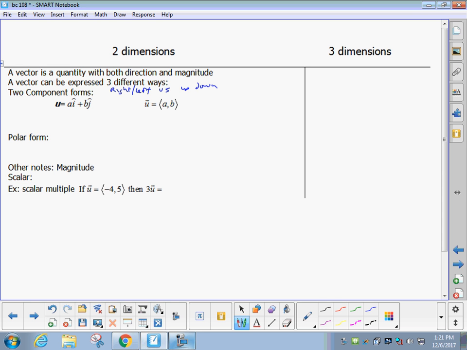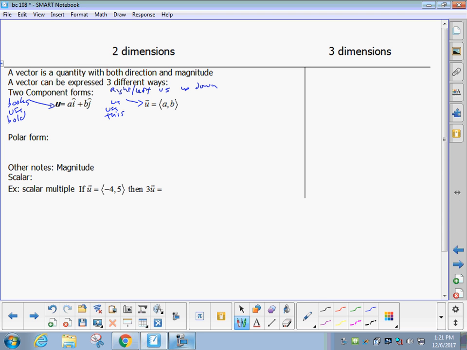Same with here. In terms of notation, many books use bold for a vector. It's hard when you're writing, though, to make it bold, and so we will not use bold notation for vectors. We will use this notation for vectors.